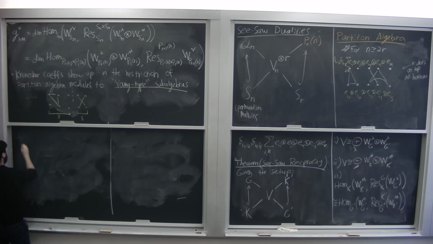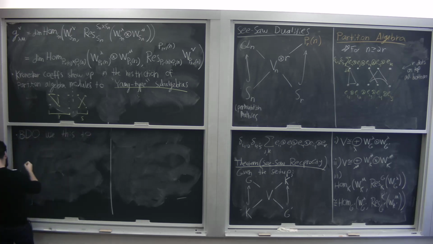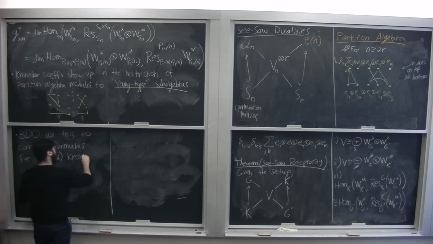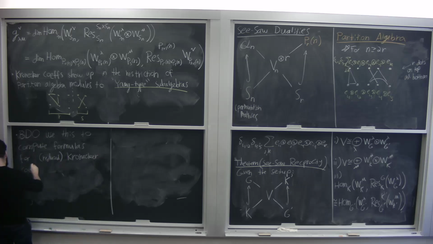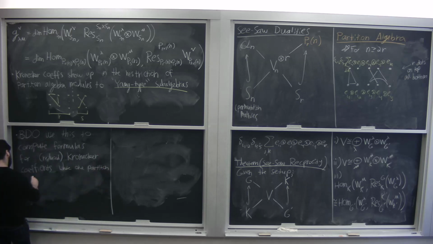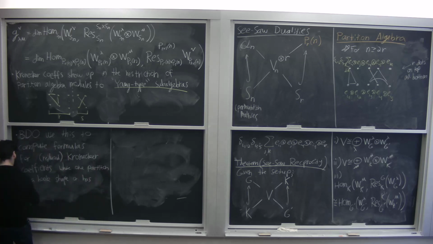Okay, so the punchline here is that Bowman, De Visscher, and Orellana exploit this fact to compute formulas for reduced Kronecker coefficients where one partition is either a hook shape or has two parts.